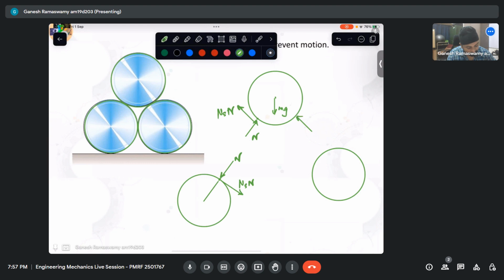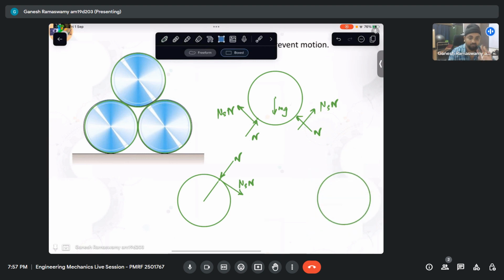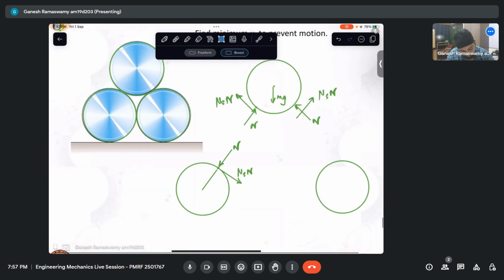By symmetry, this will also be N, and this will also be mu s N. For one of the lower ones, we can just see what happens. It will be symmetrically just the mirror image of the other one. So this is 1, 2, and 3. I have drawn it for 1. Let us draw it for 2. I have its mg here, its weight acting like that.